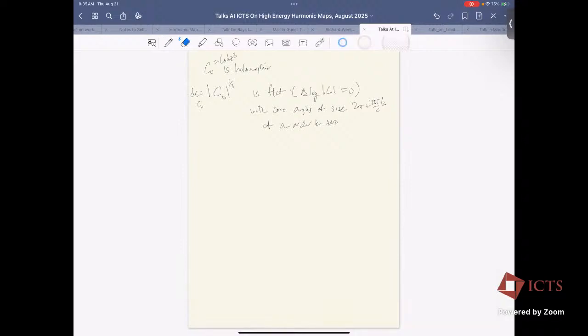So your picture looks like this. So I have a Riemann surface. Again, I have some zeros.